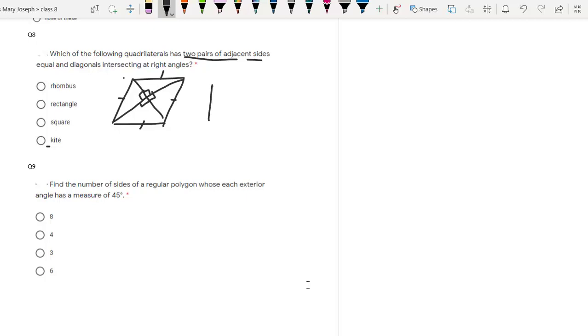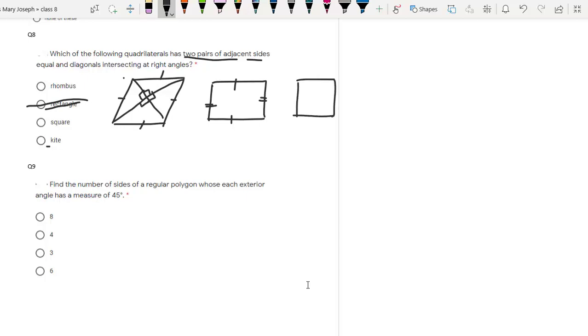In the case of rectangle, opposite sides are equal but diagonals are not surely bisecting at right angle, so rectangle obviously cannot be the answer. Then we have square.